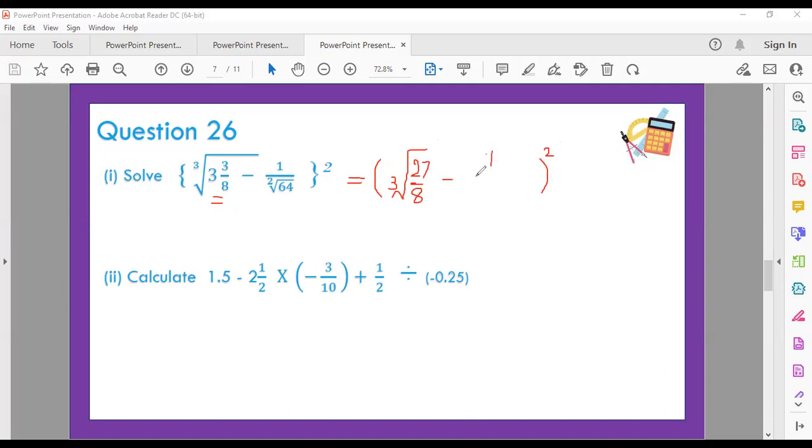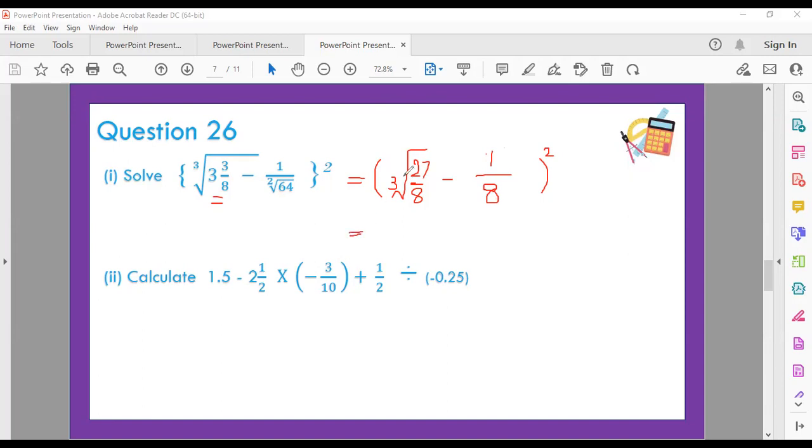Now you have a fraction here, 1 over, and of course, like Rishabh told just now, you don't have to put the 2 there if it's a square root. So what is the square root of 64? The square root of 64 would be 8, and that is still 1 over 8 there.